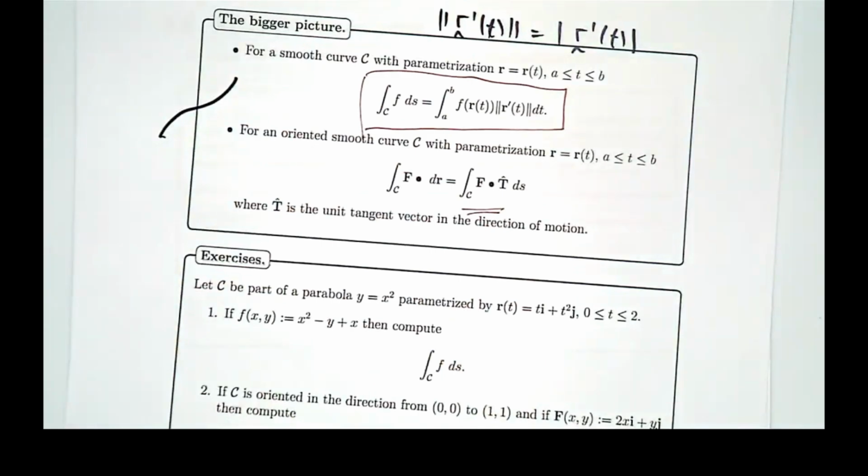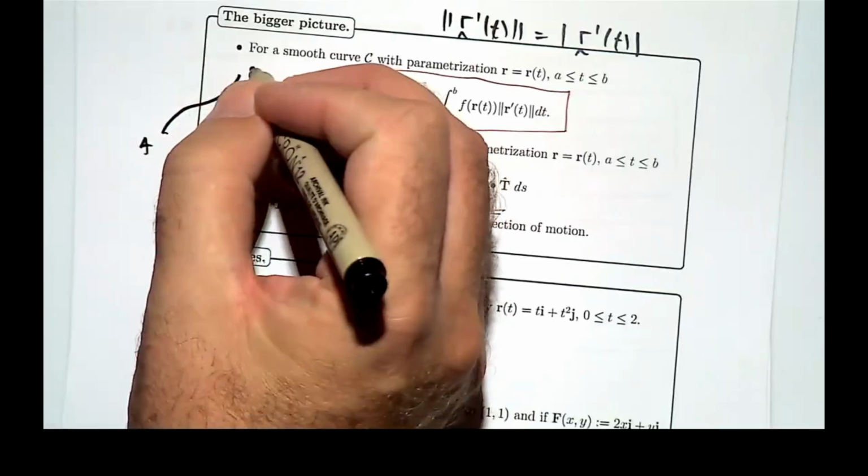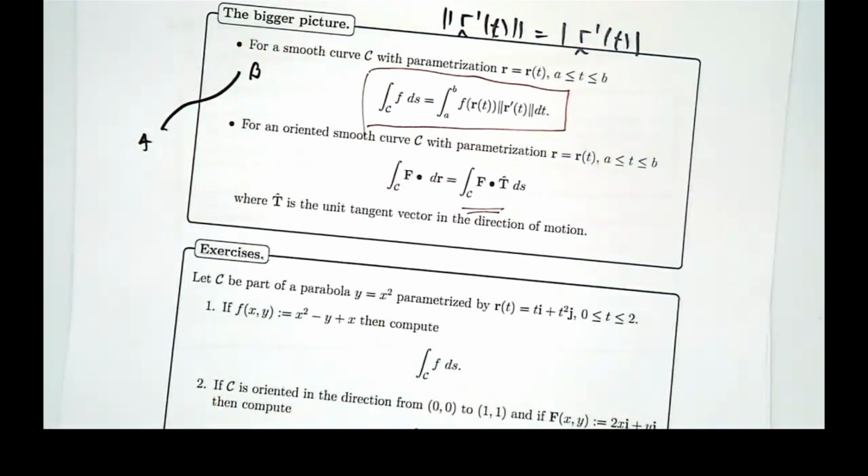There's two ways to move around that curve. From, say, A to B, or from B to A. So you go this way, or you go this way. There's two ways.